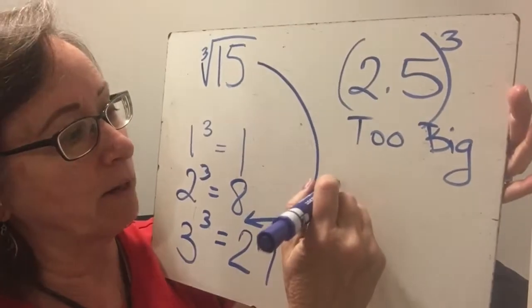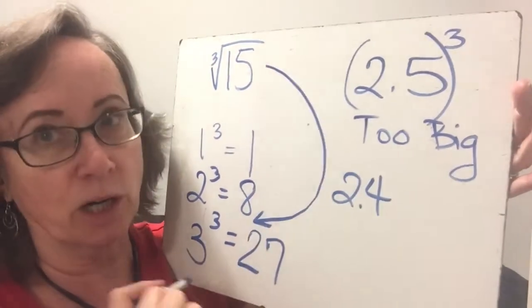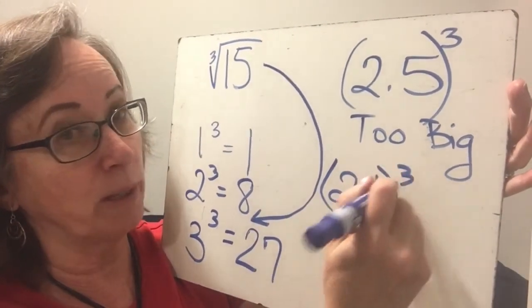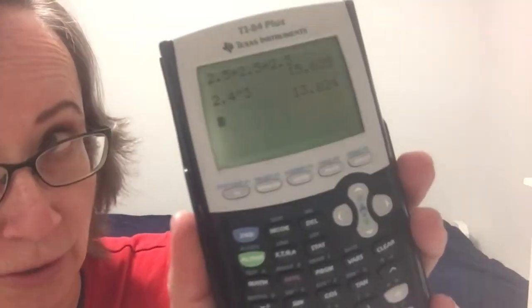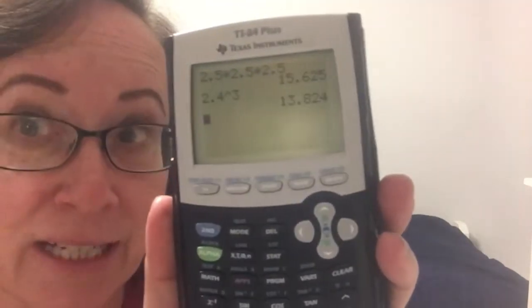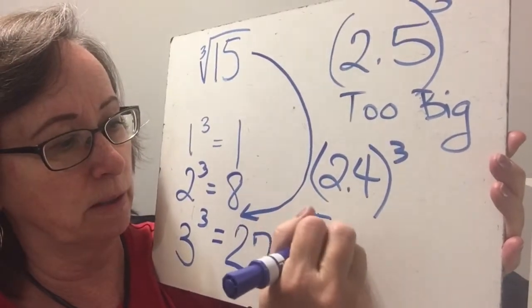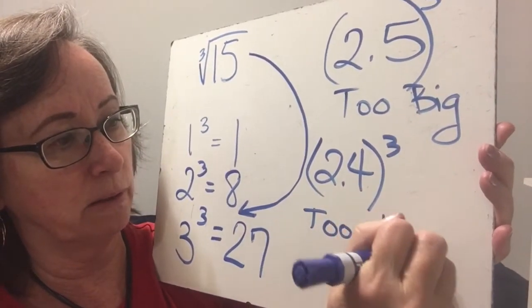So what about 2.4? Okay, so 2.4, if we cube it, all right, I'm going to put in 2.4 and cube it, and I get 13.824. So 13.824 is too low.